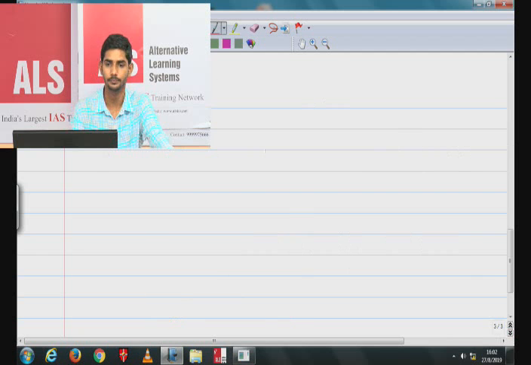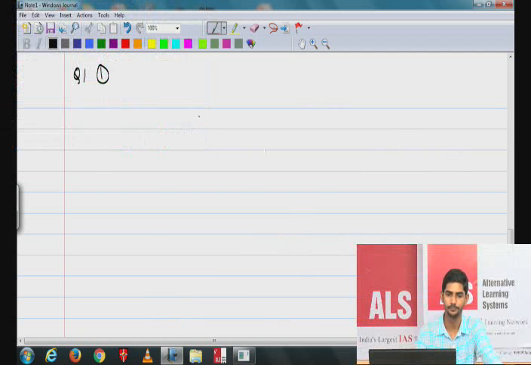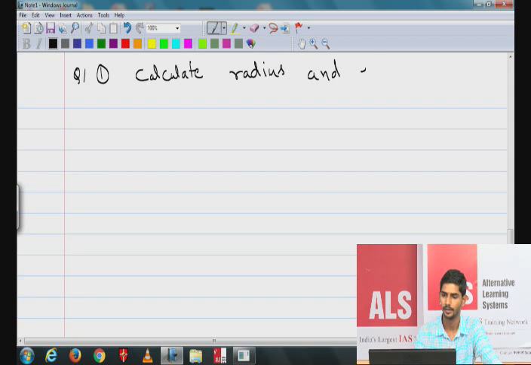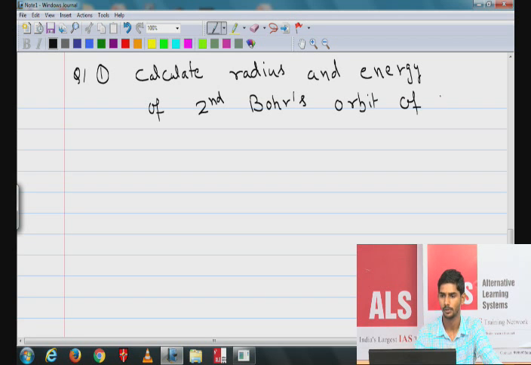Now, this is question number 1. Calculate radius and energy of second Bohr's orbit of hydrogen atom.